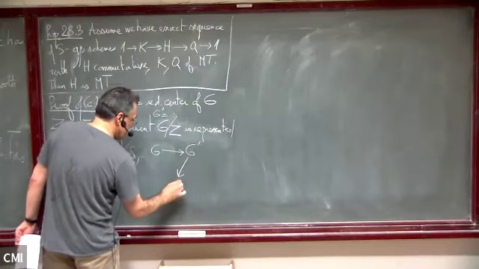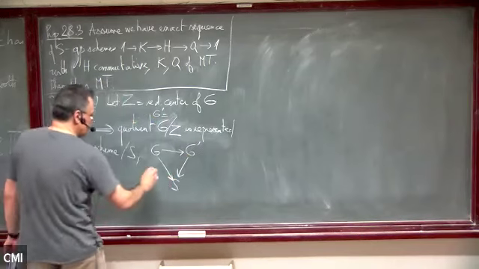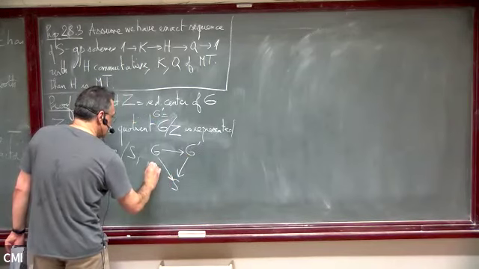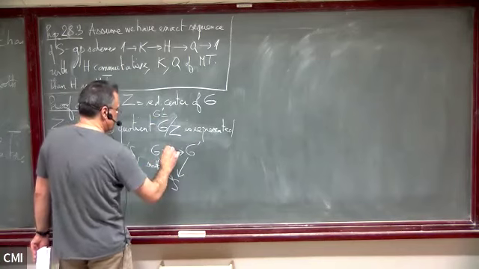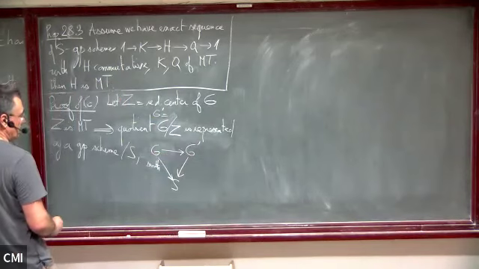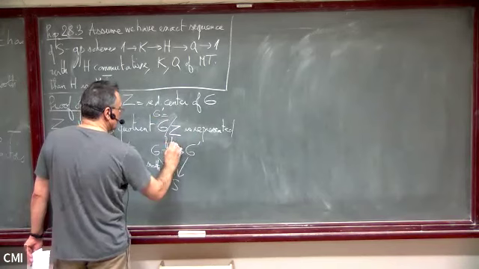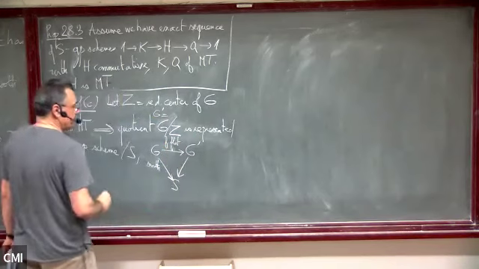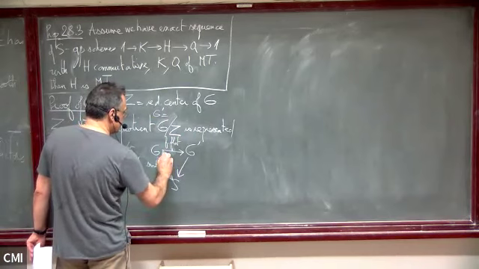They both lie over S. And so by assumption, G is smooth, and so this one is faithfully flat and of finite presentation.